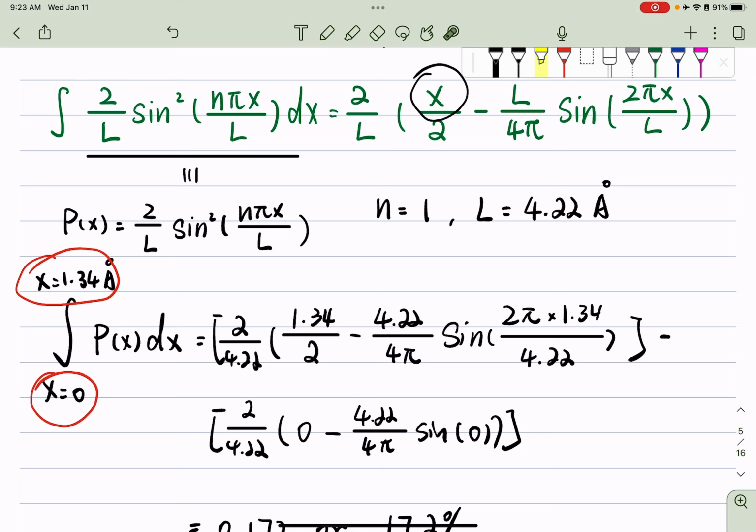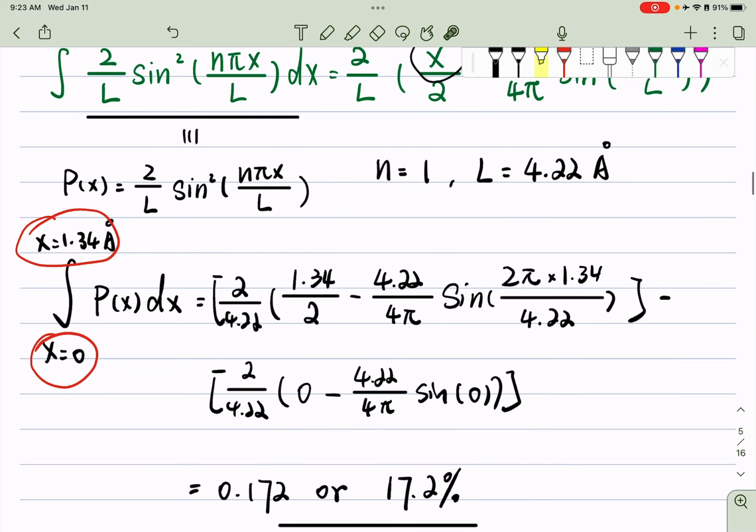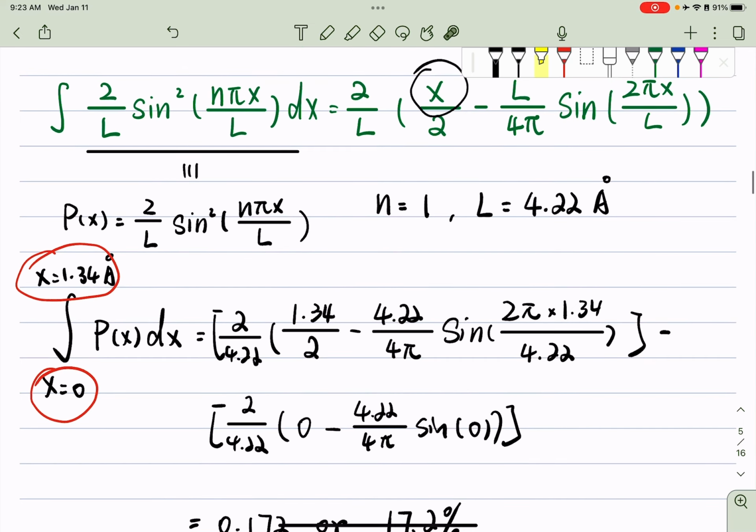So the upper bound here is 1.34. The lower bound here is x equals 0. So what I write here is actually this x over 2 term, and when x equals 0, this x over 2 term also equals 0.